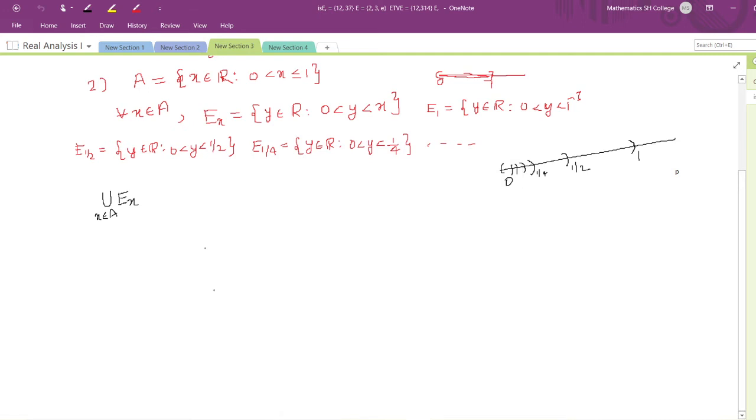I asked you to write the union of E_x. So what will be the union of E_x where x is an element of A? It means that you are taking the union of these intervals: 0 to 1, 0 to half, 0 to 1 by 4, etc. And hence it is clear that this union will be equal to the open interval (0, 1), which is the same as E1.